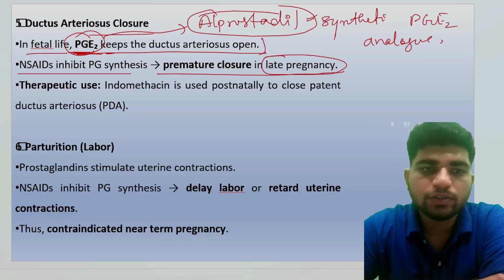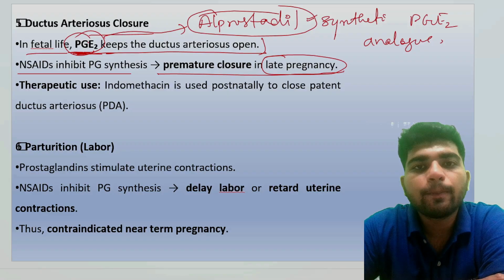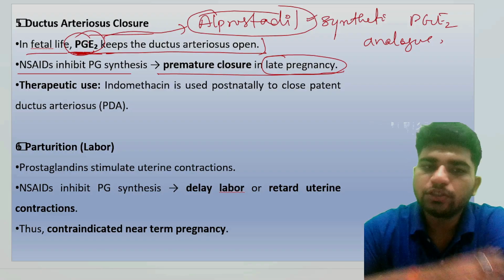All right. So this is the condition whenever a mother takes NSAIDs as a painkiller during her late pregnancy. That's why it is advised not to take any kind of medicine during pregnancy without prior doctor's advice.